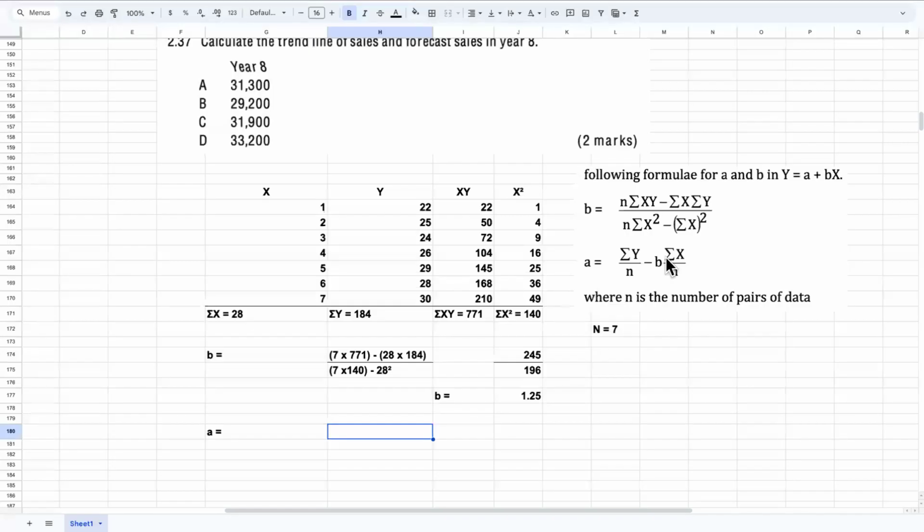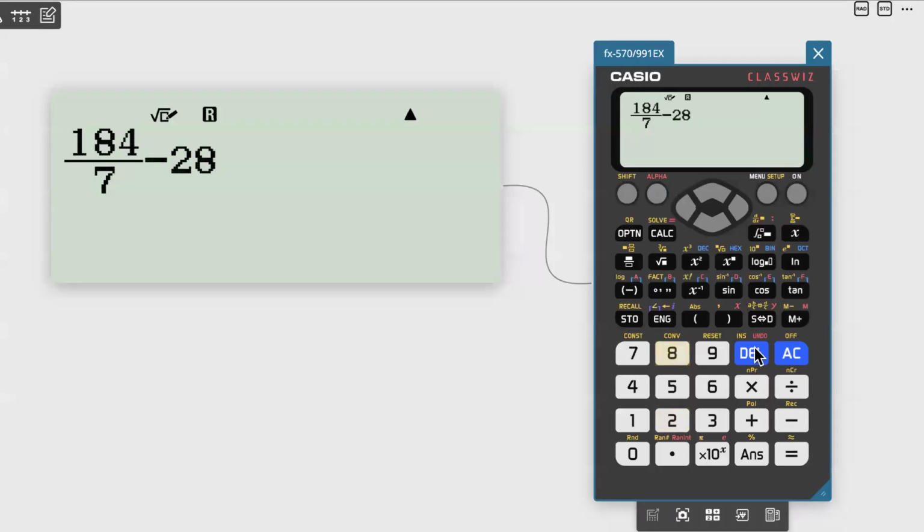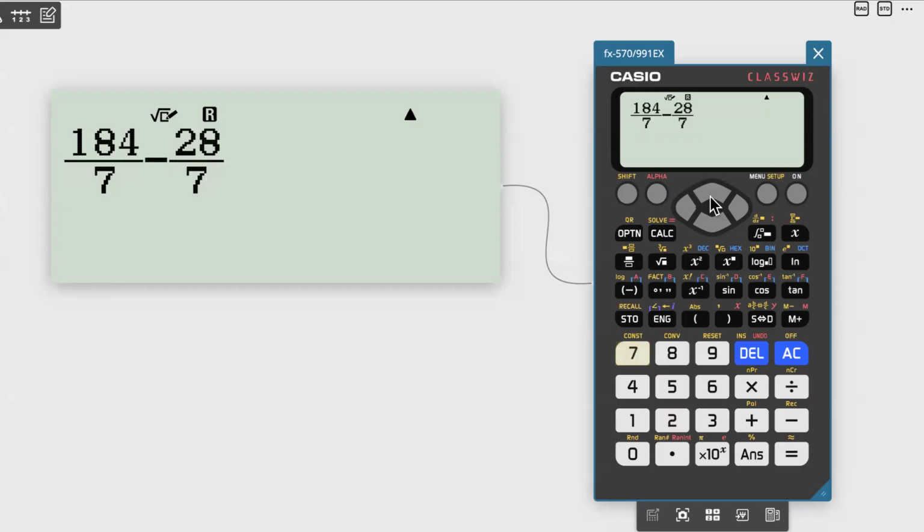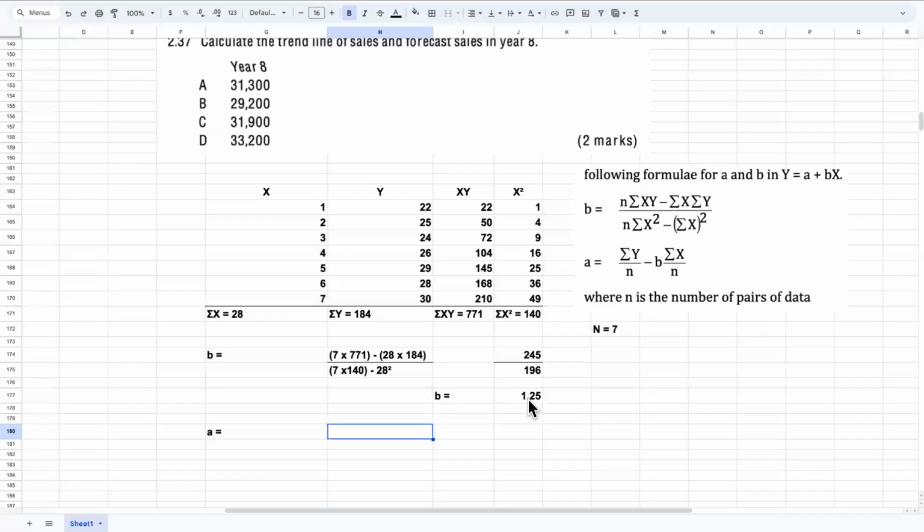Then we are going to take away sigma x over n. Sigma x is 28, right? And the n is 7. I'll put a bracket times the b value, that is 1.25.